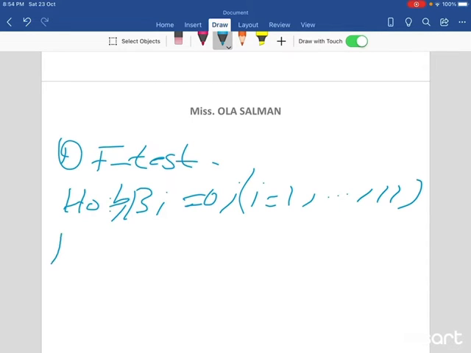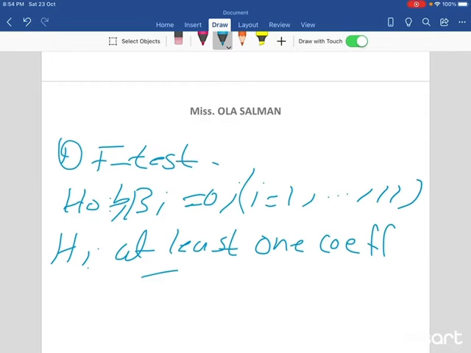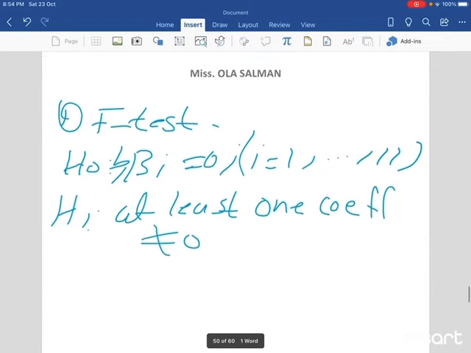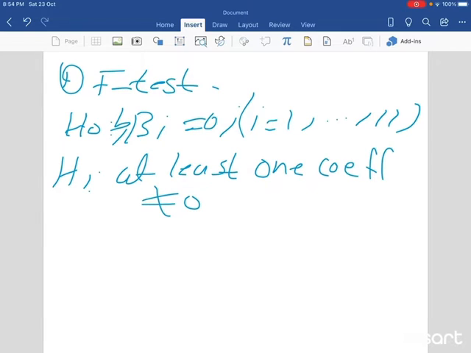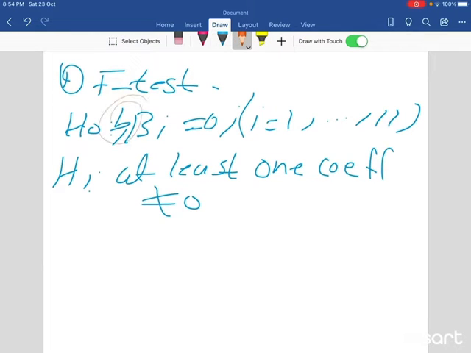Then H1: at least one coefficient not equal to 0. In H1 I did not write A, because the rule says without the intercept A.